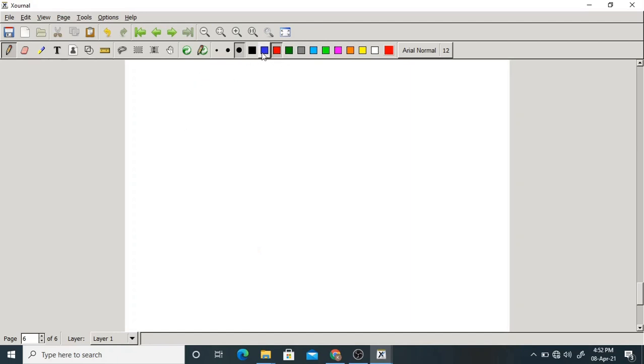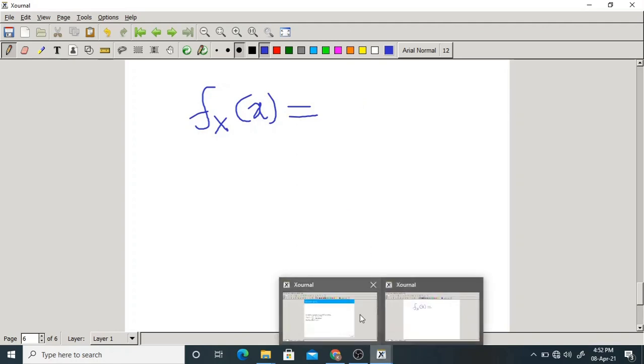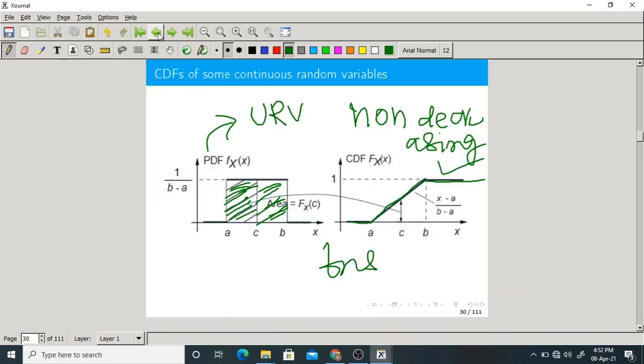Now here they are saying the PDF is something like this. Okay, I forgot to tell you one more thing. Actually, what is the CDF? Integration of PDF. What is the PDF?